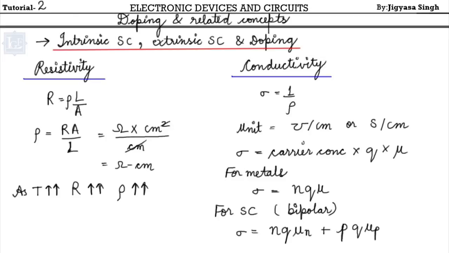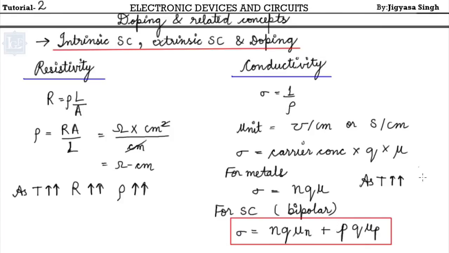Are we clear? Now tell me, as the temperature increases for the semiconductors, what will happen? The conductivity will also increase, right? I want you to keep this in mind. This is very important.